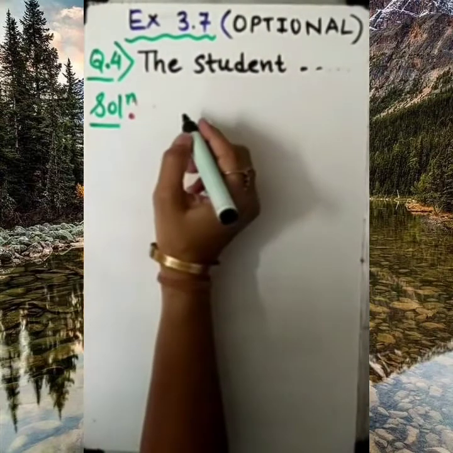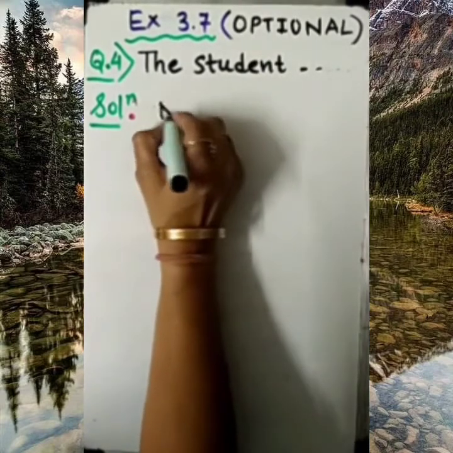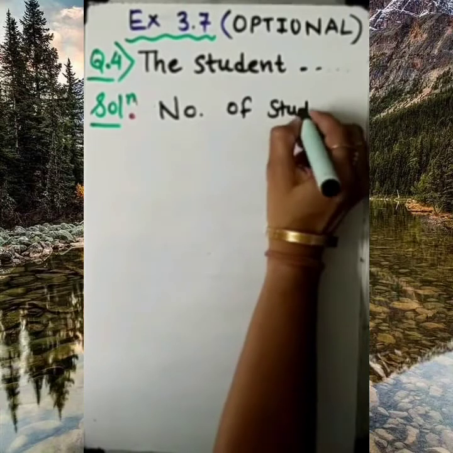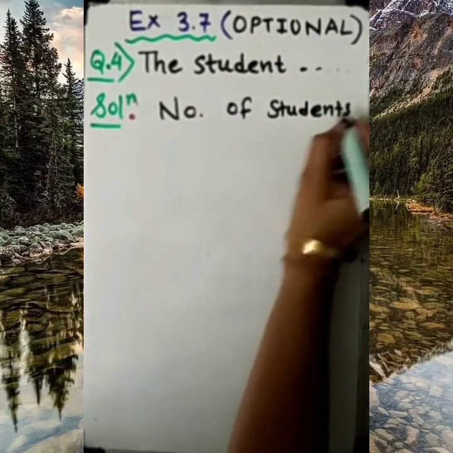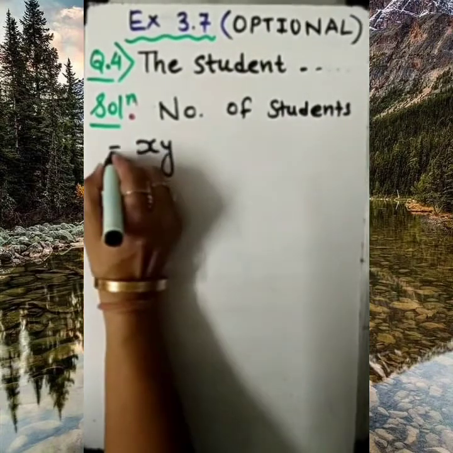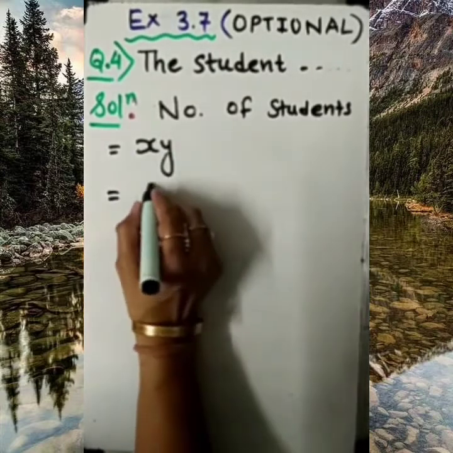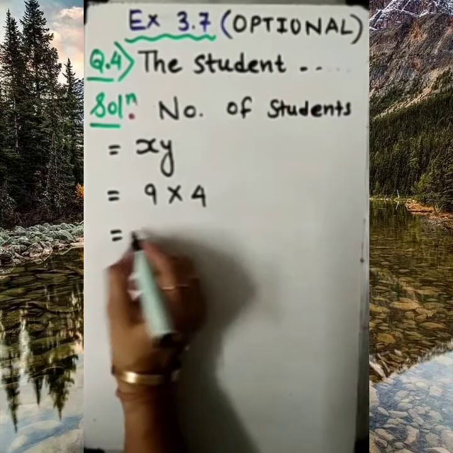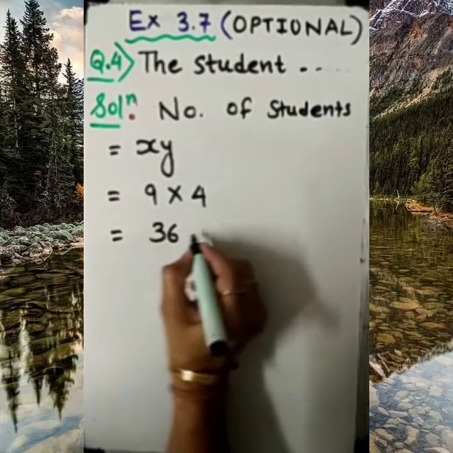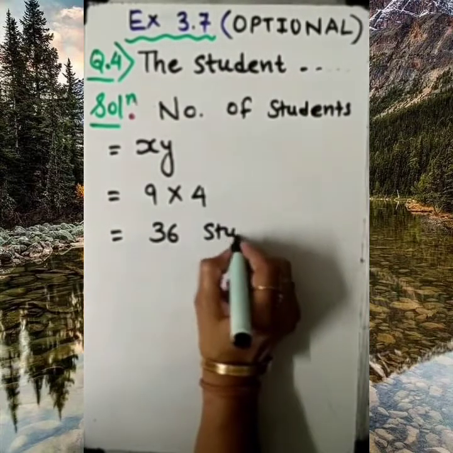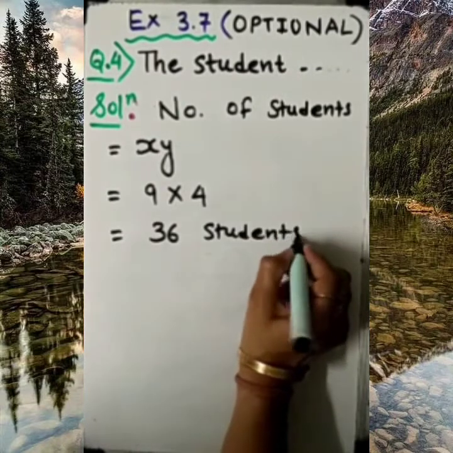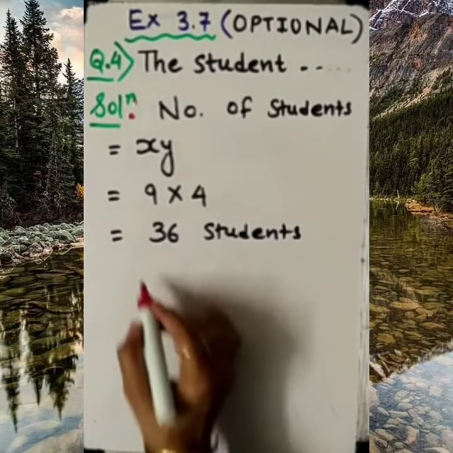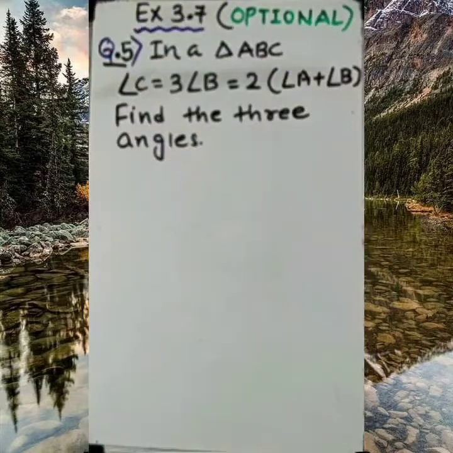So number of students equal to xy. Now what is the value of x we got? 9. The value of y we got 4. So 9 times 4 is 36. So how many students are there in total overall? 36. This is the complete solution of the question.